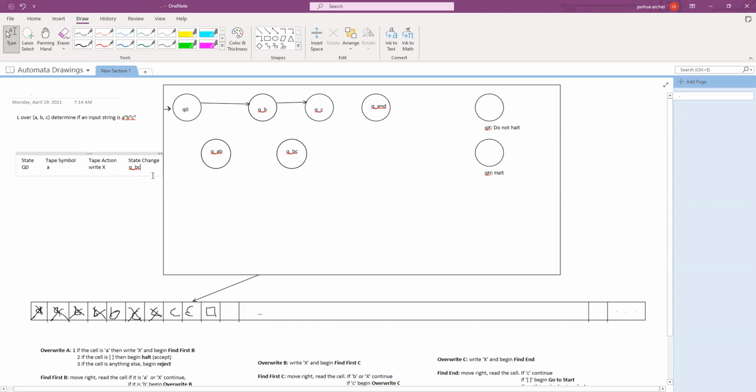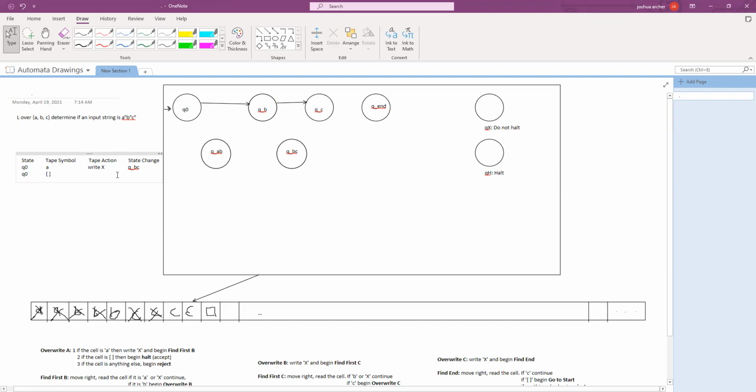I also know that if I'm in Q0, I think it's always going to do that. Of course, you got to capitalize everything. And if I see a blank, the end of the string, then my action is going to be this.